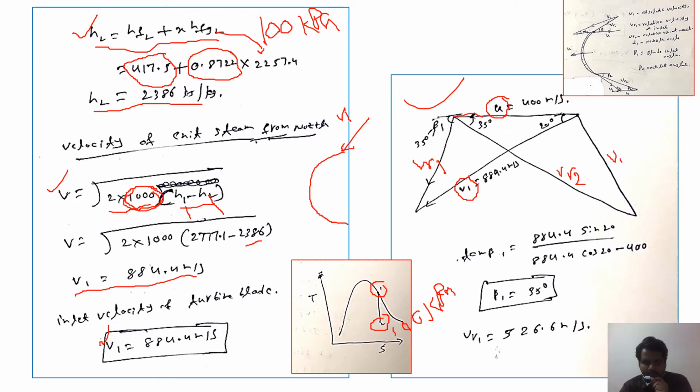V2 is the absolute velocity at the outlet of the blade. Here beta is the blade inlet angle, and this is alpha. Alpha is the nozzle angle. In this problem they have already given the nozzle angle, that is 20 degrees, and also the value of U. U, the blade velocity, is 400 meter per second. This is also given in the problem.